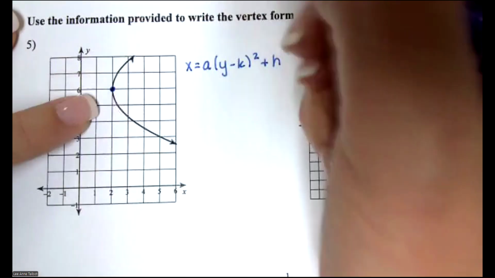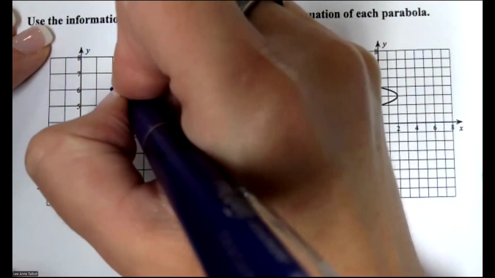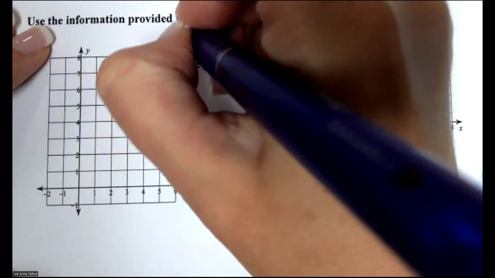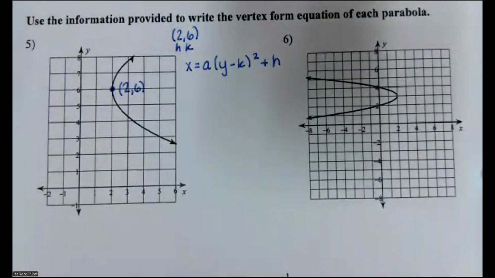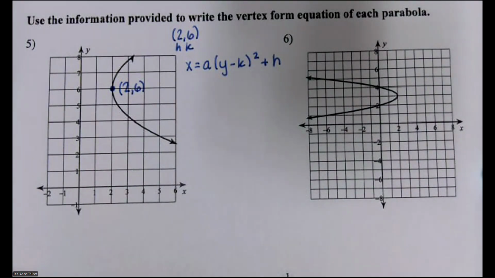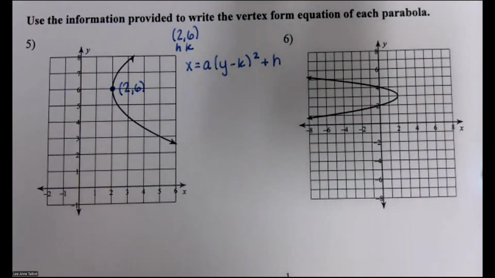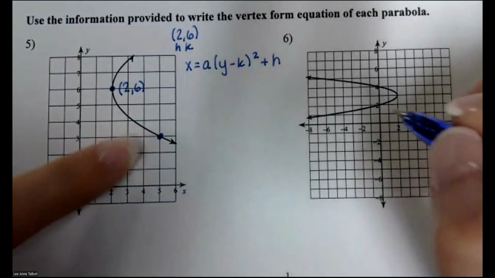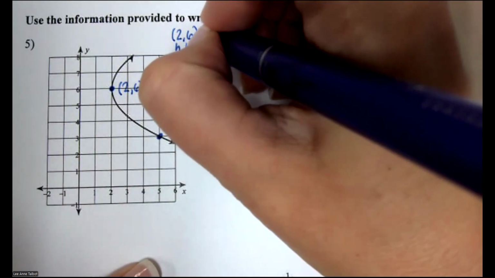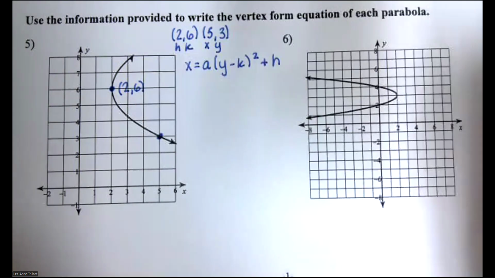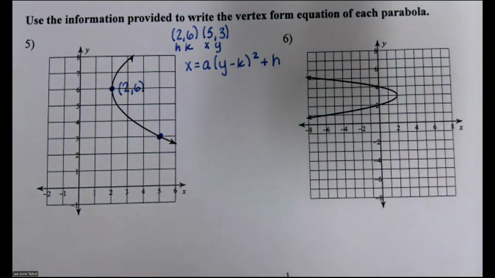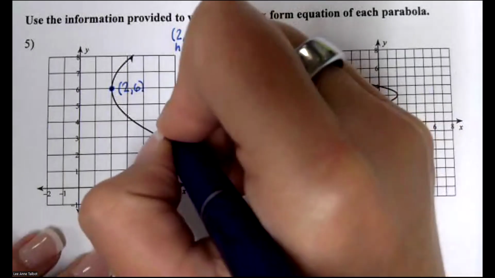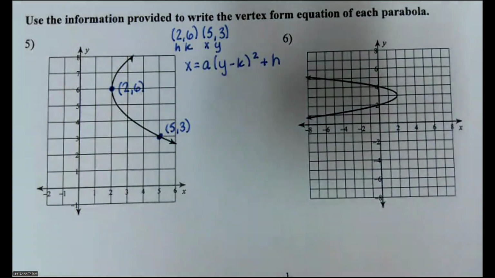Okay, and this is the vertex, which is 2, 6, and that's h, k. Okay, Manny, good. Okay, and then I need to find another point. The only other one I see is this guy right here, which is probably my height now that I'm shrinking. And then plug in and solve for a. Do you think you can finish it from there? Okay, perfect.